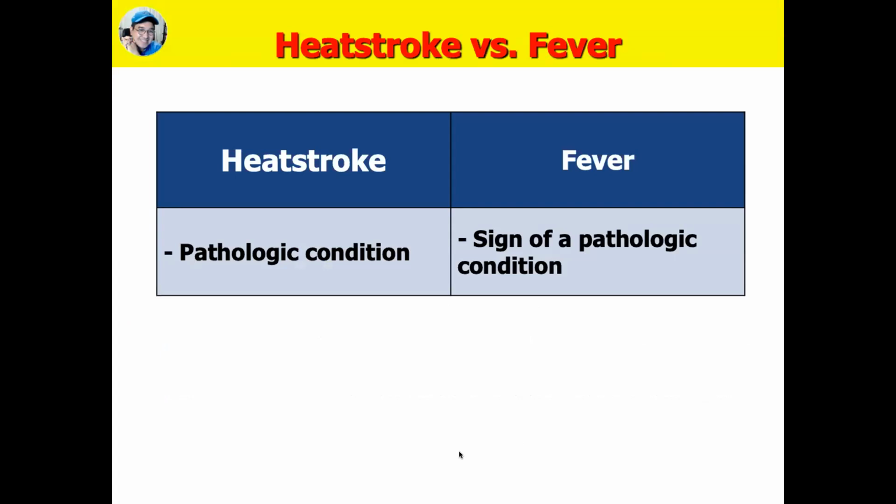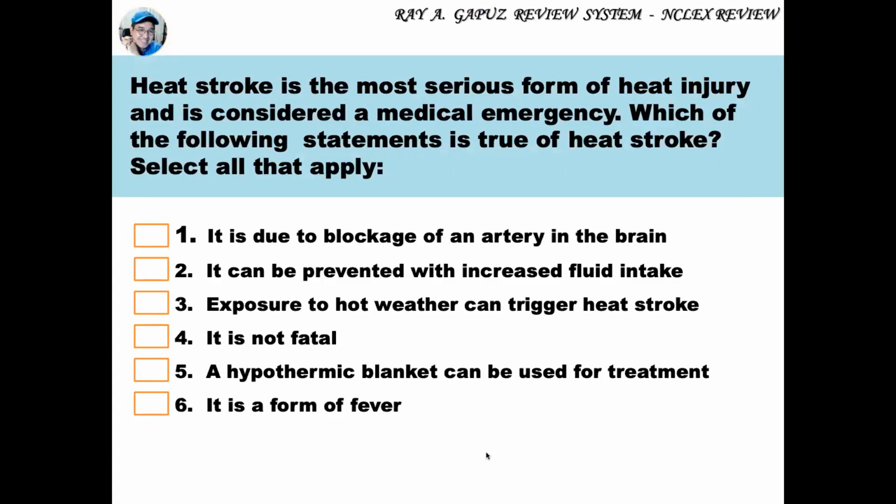Heat stroke is the pathologic condition itself. Fever is the sign of a pathologic condition. It could be a sign of heat stroke, could be a sign of infection. So it's only a sign, but not the pathologic condition itself. Heat stroke is the most serious form of heat injury and is considered a medical emergency.